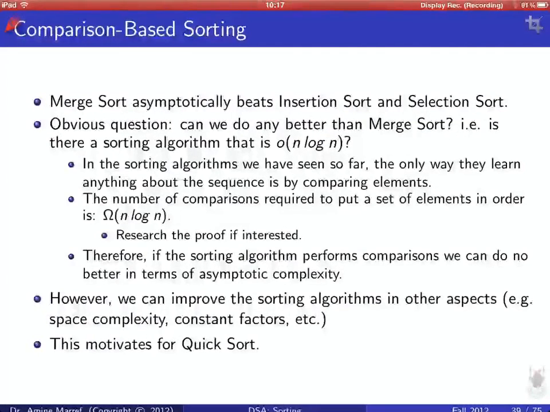Well, the answer is no, because merge sort has 2 problems. One, it has a high constant factor, and the other one is it requires big O of n extra space.